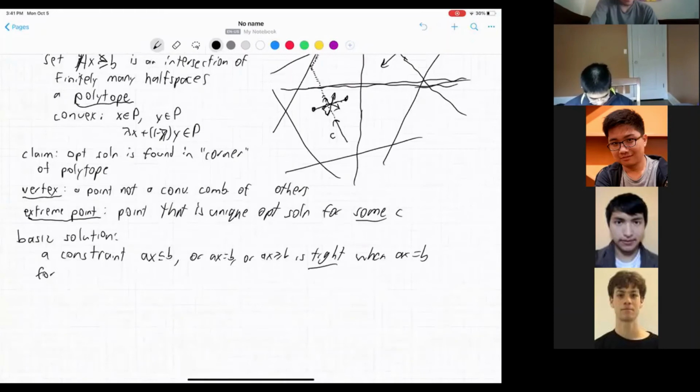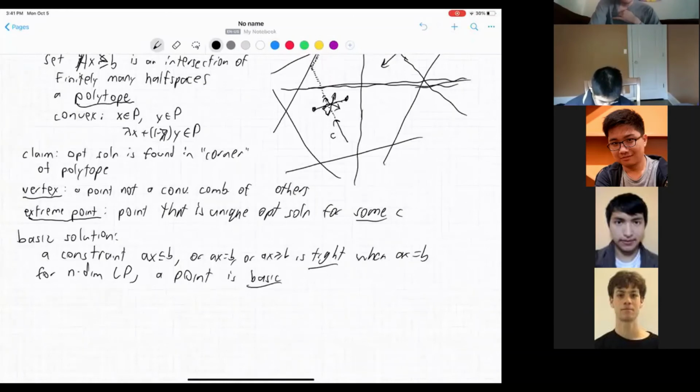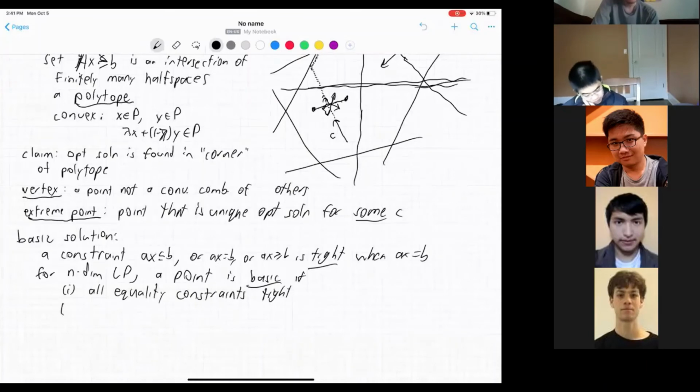Now, for an n-dimensional linear program, we say that a particular point in the program is basic if, first of all, the equality constraints are tight, which happens automatically if the point is feasible.